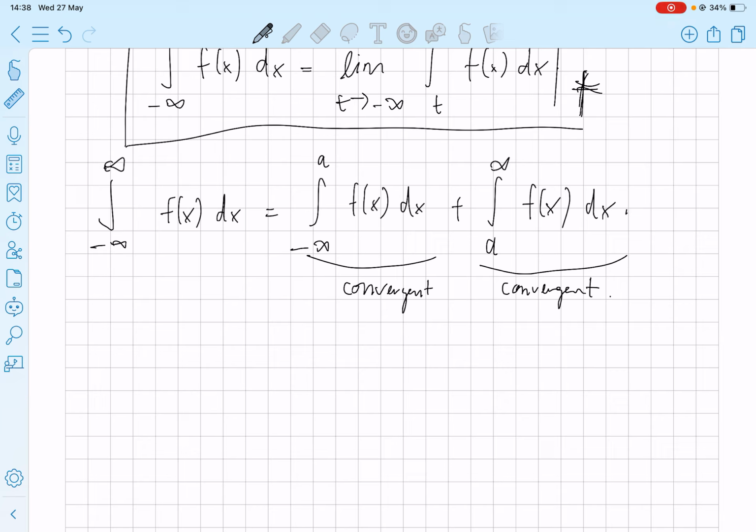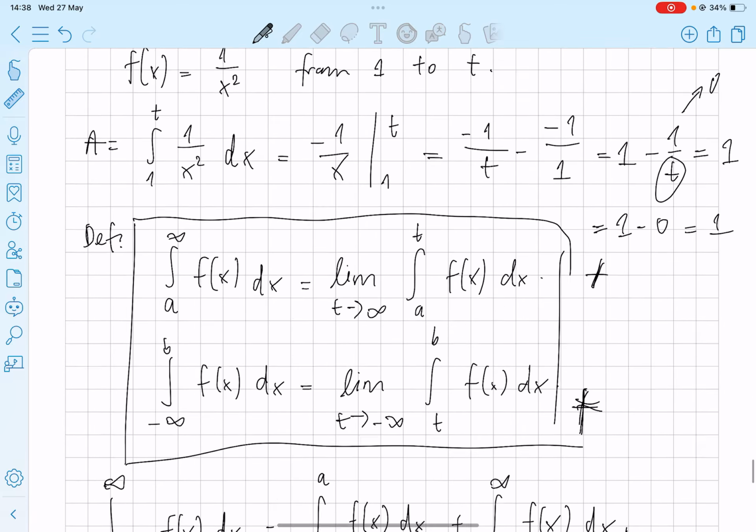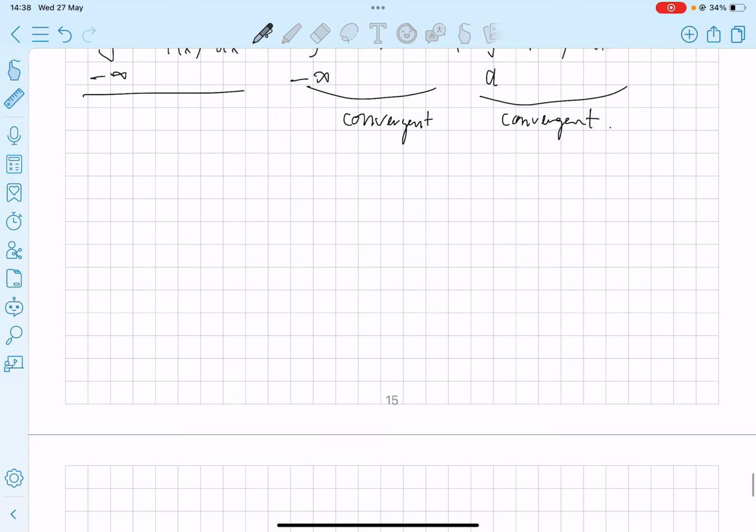So both of these have to be convergent, and we have this property. Let's move on to some examples.